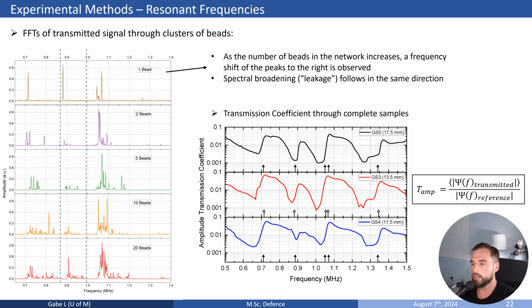The graph in the middle is the transmission coefficient of the complete samples, and as you can see, there are dips in frequencies. In these dips there is less signal coming out. It is important to note that these are interesting frequency ranges where localization may be observed.